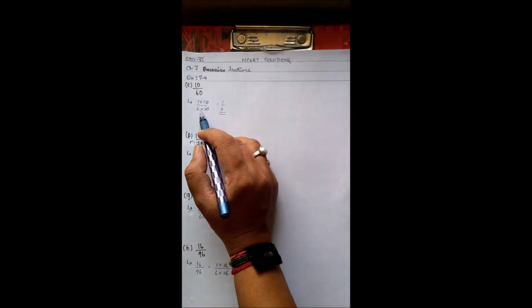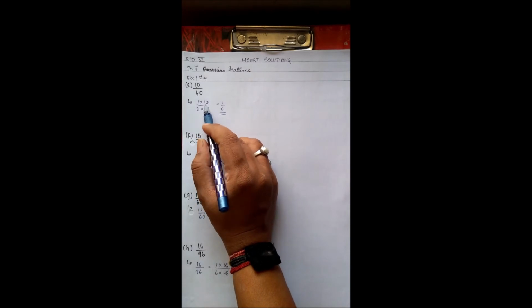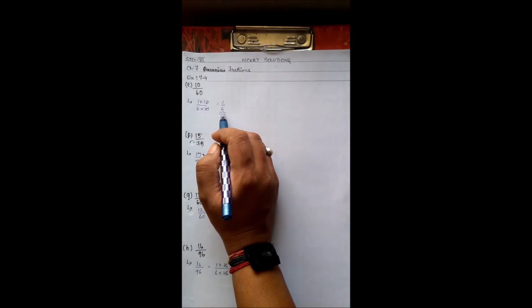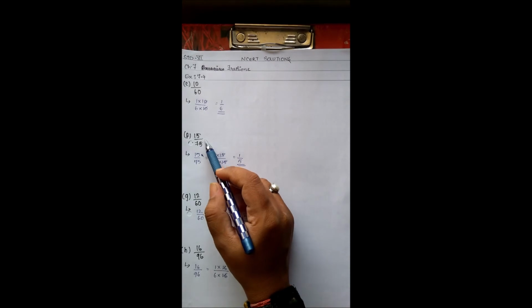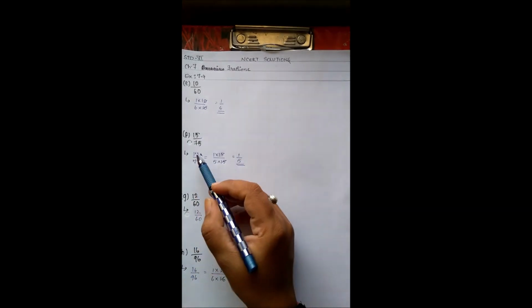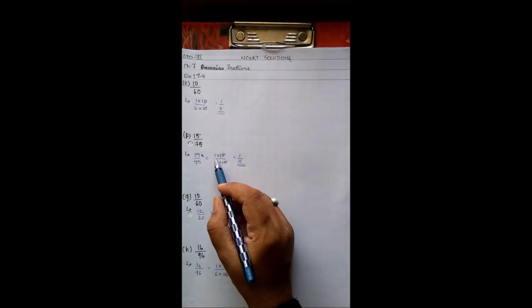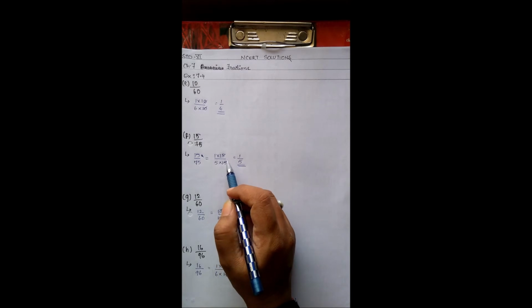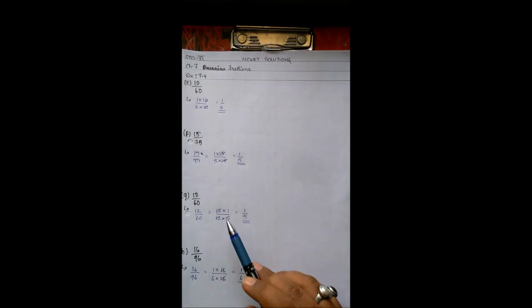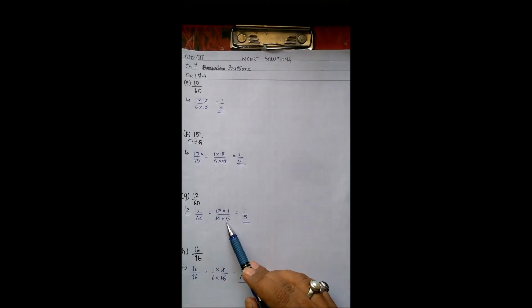So 1 into 10 and 6 into 10. 10 will cut, it will become 1 upon 6. 15 upon 75. So 1 into 15 and 5 into 15. 15 will cut, so it will become 1 upon 5. 12 upon 60. So 12 into 1 and 12 into 5.